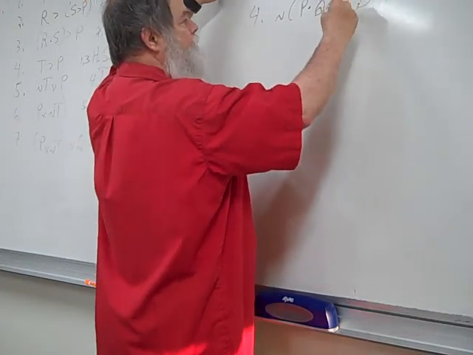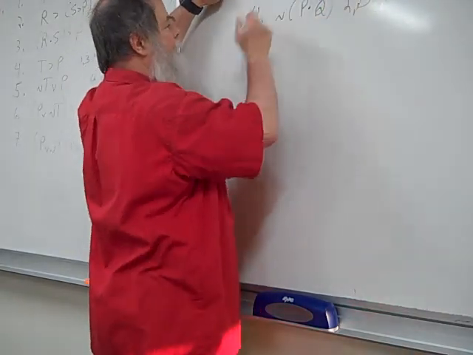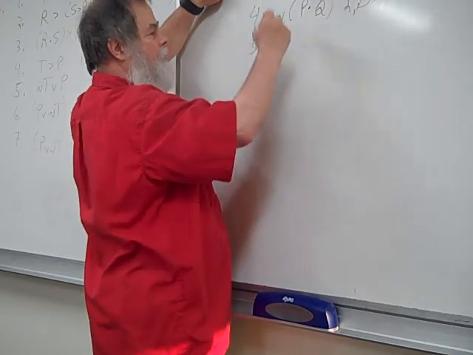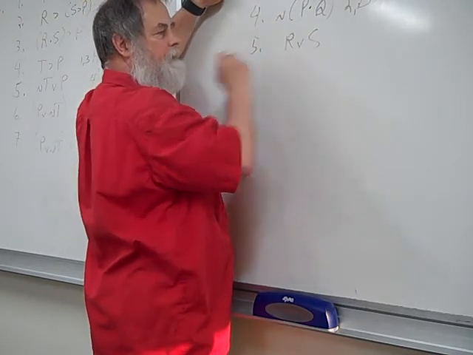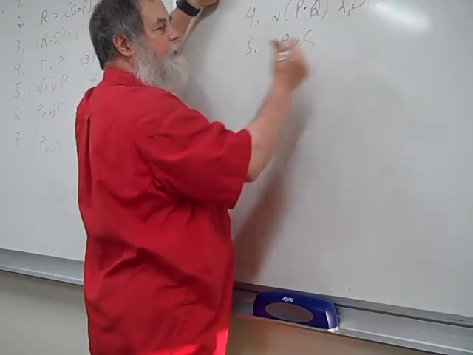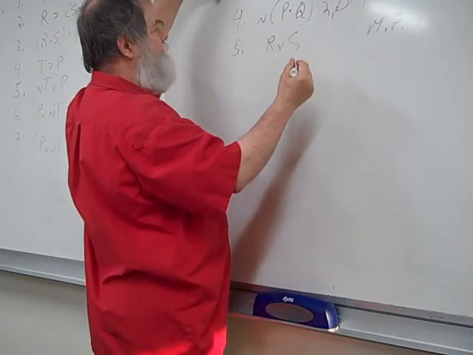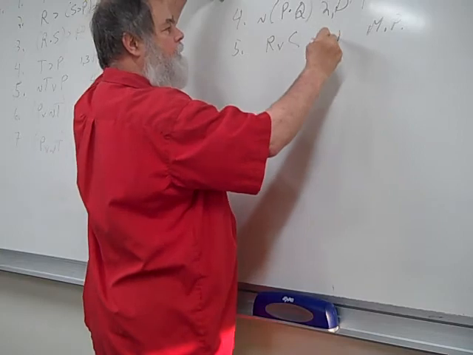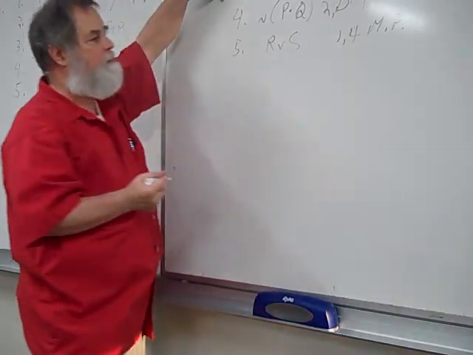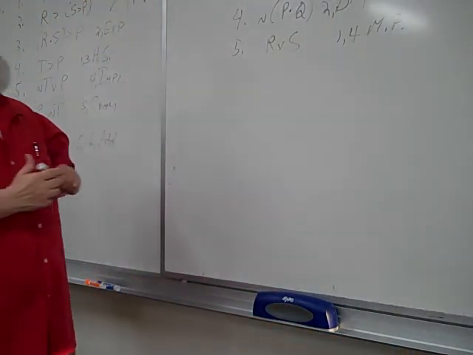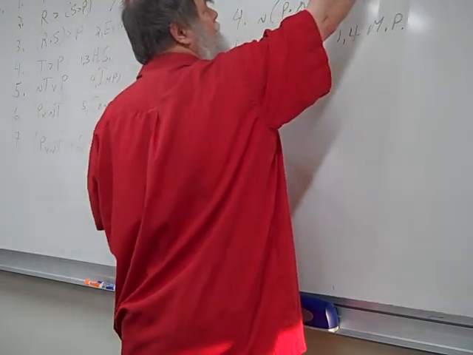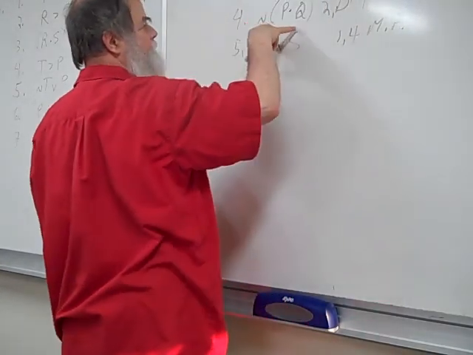on 2. And so we have 5, R or S, modus ponens 1 and 4. Right? Because if this, then this. Well, we do have this.